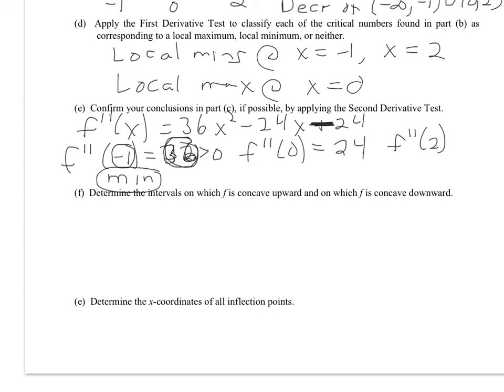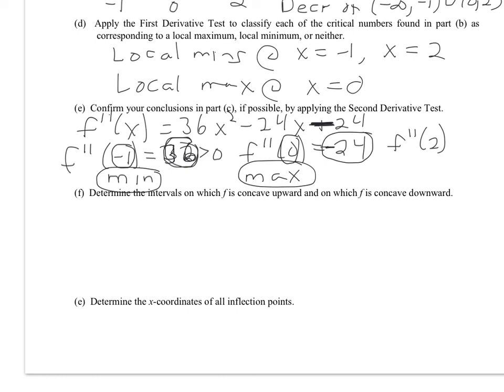So f double prime of 0 is actually negative 24, not positive 24. So we've got a horizontal tangent at 0 because the first derivative is 0. We've got a frowning face at 0 because f double prime is negative, and so that implies that we've got a local max at x equals 0.